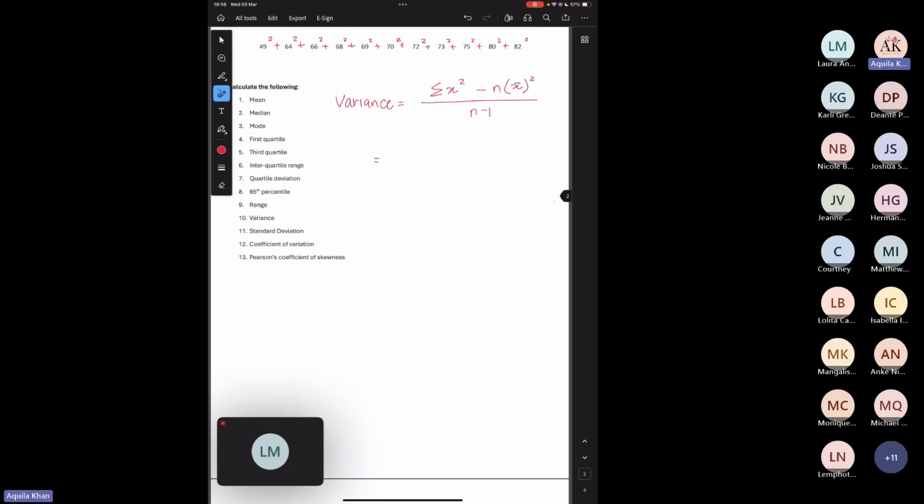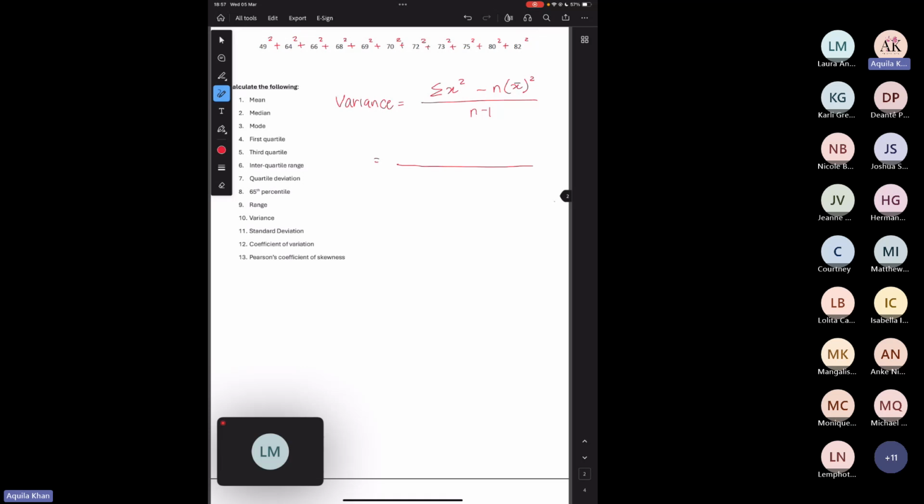So you don't need to show the whole long working out like I showed you at the top here. All you need to do is on a piece of paper, whether it's your assignment that you're completing or in your exam, if you're doing this question, just roughly on your question paper or just on a piece of paper if it's your assignment, write this out like I am here at the top, say 49 squared plus 64 squared and so on.